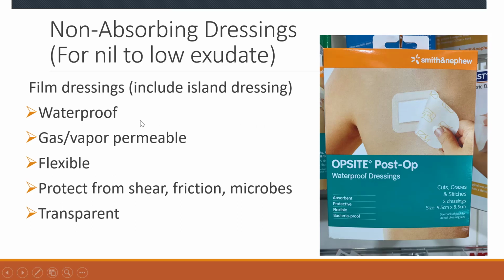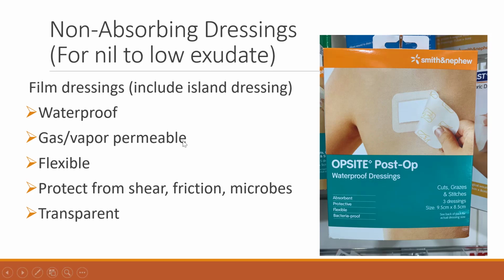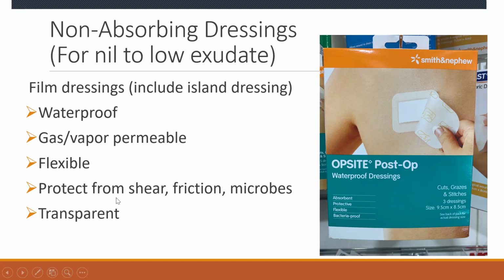Yeah. And this dressing is waterproof and gas vapor permeable, which we call breathable. 所以这种敷料呢，它是我们说是 breathable，就是可以呼吸的，所以它的那个湿气不会一直待在你的那个伤口，它会自我调节，and also it's flexible and also protects your wound from any friction or any bacteria or shear, and also it's transparent, so you can see how it's going.